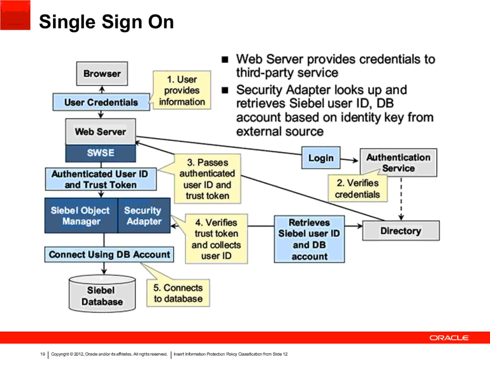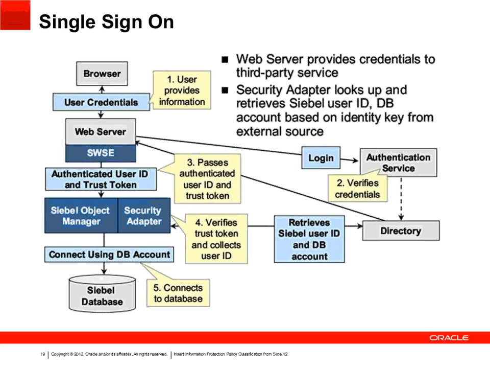In addition to that, there is an extra authentication at the web server level, as we can see in the figure. So, once the user provides the credentials, those will be verified at the web server level. The web server will verify the same from an authenticated server. Now, that verification will be passed in the form of a trust token to the application object manager, as described in step 3.